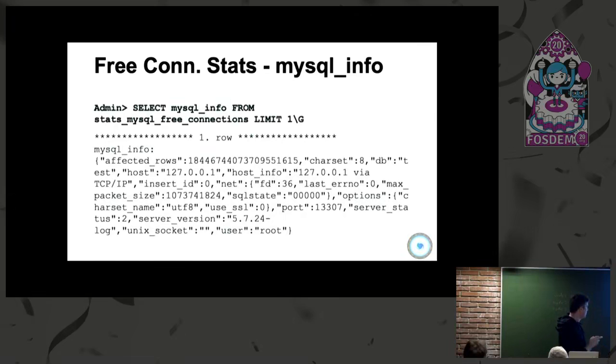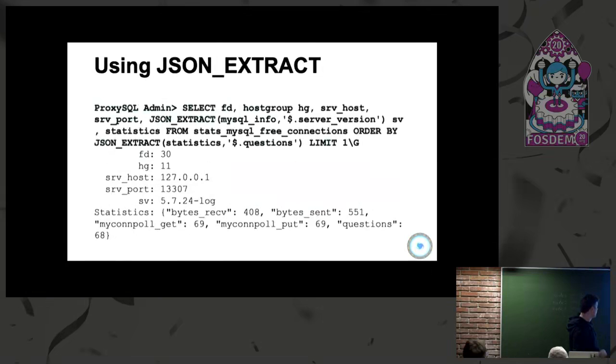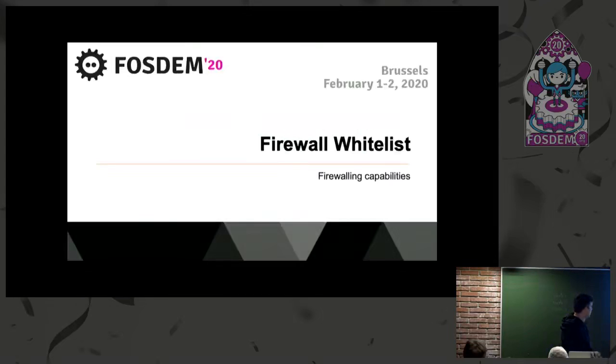It's most of the information you would get from your stats MySQL connection pool table, as well as some other system stuff. Here you can see affected rows, the character set, some systemic information, packet size, and some MySQL info. So if you want to get this information in a clear form, it's best to use JSON extract and just get exactly what you're interested in getting.